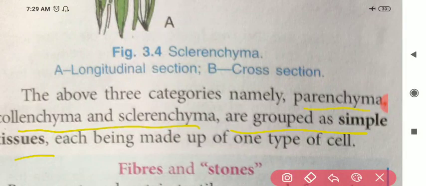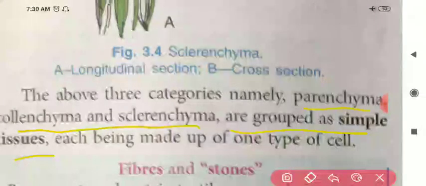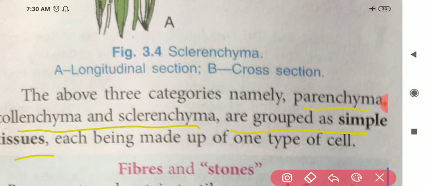Clear? In the exam a question can be asked, name the simple permanent tissues. So the simple permanent tissues are parenchyma, collenchyma and sclerenchyma.